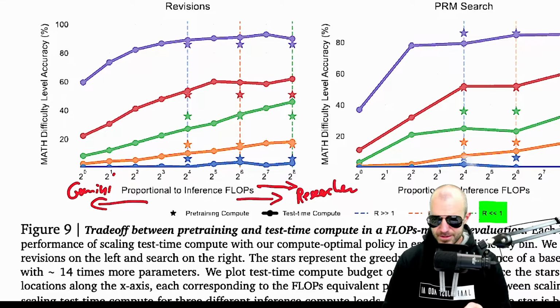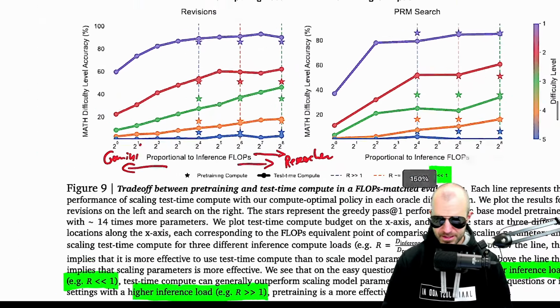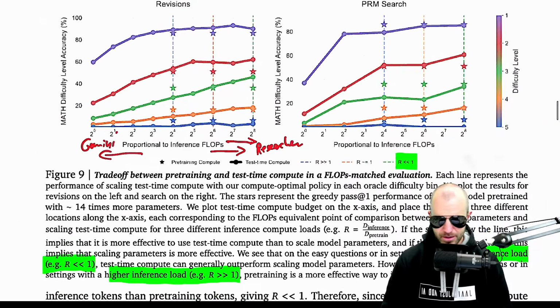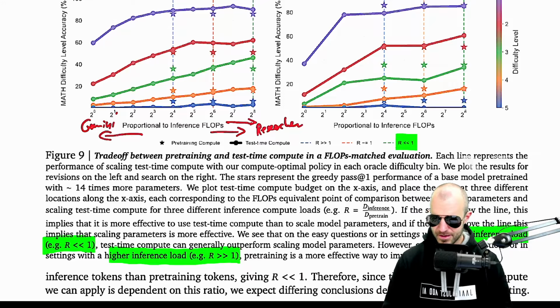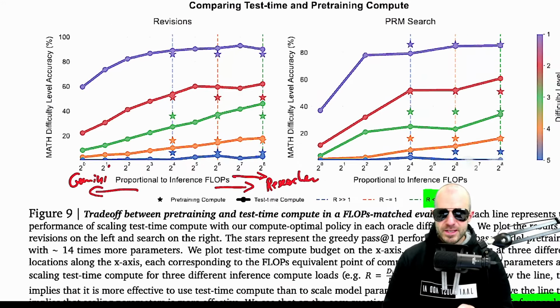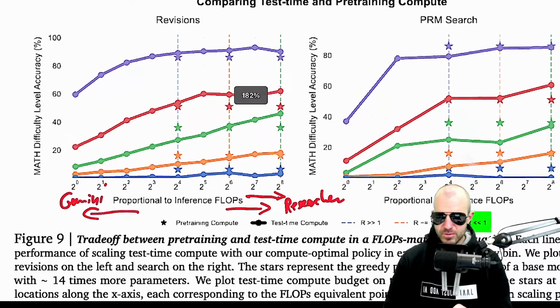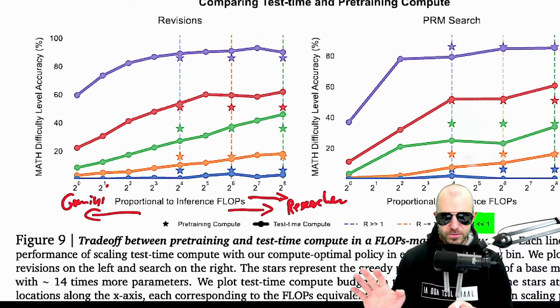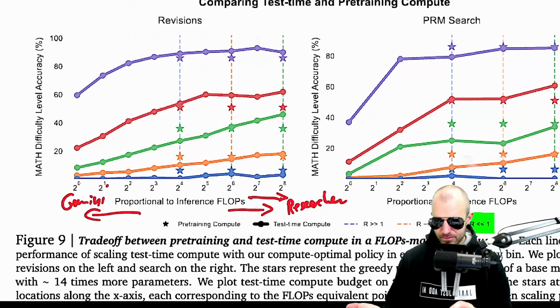You can see the star in this case is where you invest it into the pre-training. So you do have a language model and you invest into pre-training. And that's where for the different budgets, that's where the stars are placed. So the stars are, I have some extra compute and I invest that extra compute into pre-training.